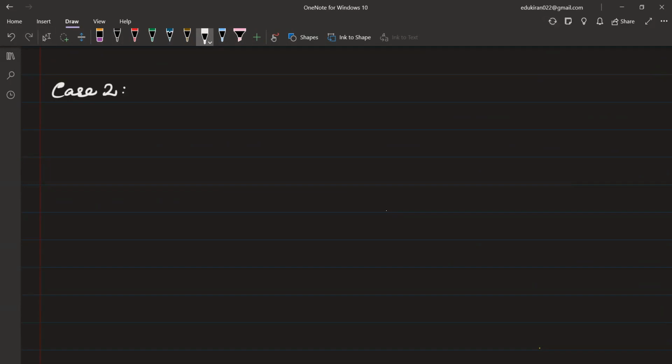Okay. Write the case 2. Now, what is the case 2? In case 2, atomic orbitals combine above and below INA. Okay, the lobes of atomic orbitals are going to combine above and below.